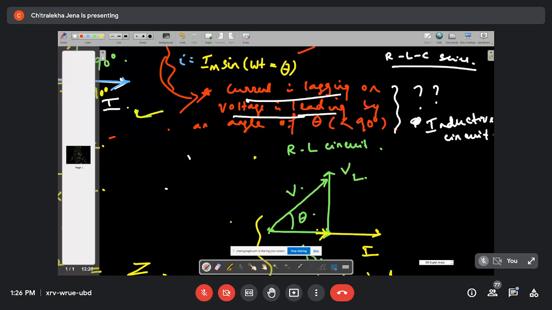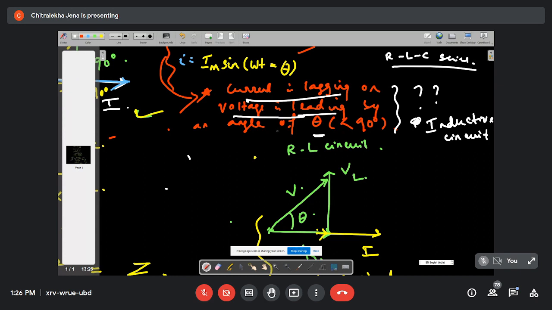Don't say RL or RC or RLC, whatever. The circuit is behaving as inductive. It is not behaving as resistive, because the current and the voltage are not in phase with each other. If theta were equal to 0 degrees, the current and voltage would be in the same phase and the circuit would behave as resistive.